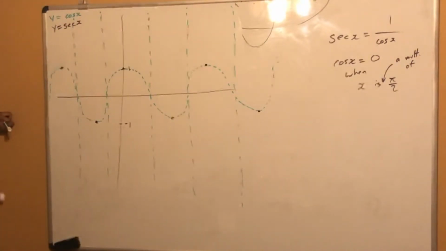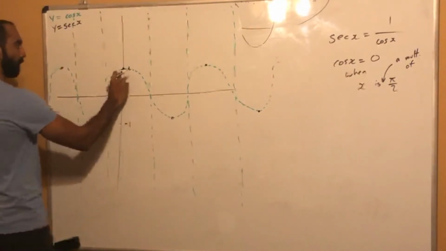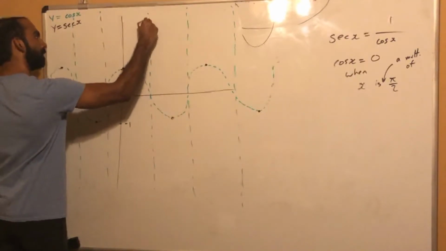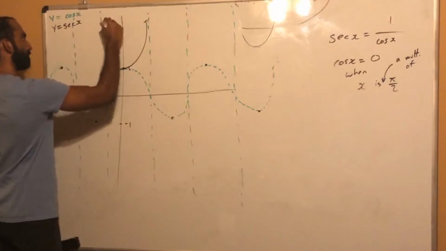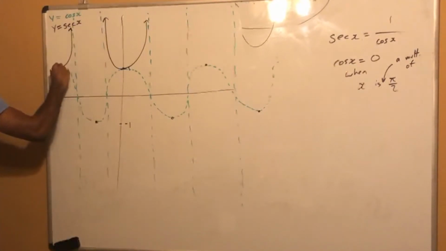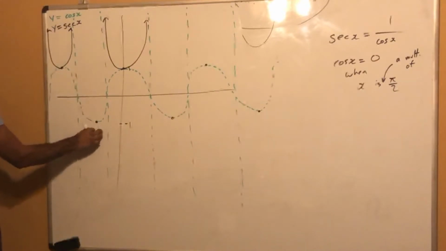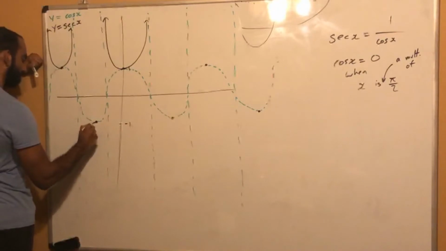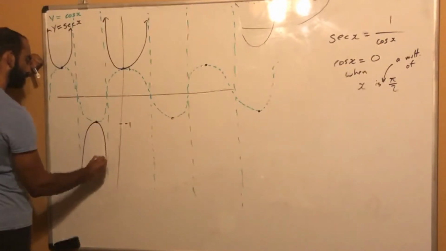I'll let you verify this on your own, but it's going to follow the same pattern as cosecant did. Whenever you start with a hill, hills pop off upward facing U's, whereas valleys pop off downward facing U's.